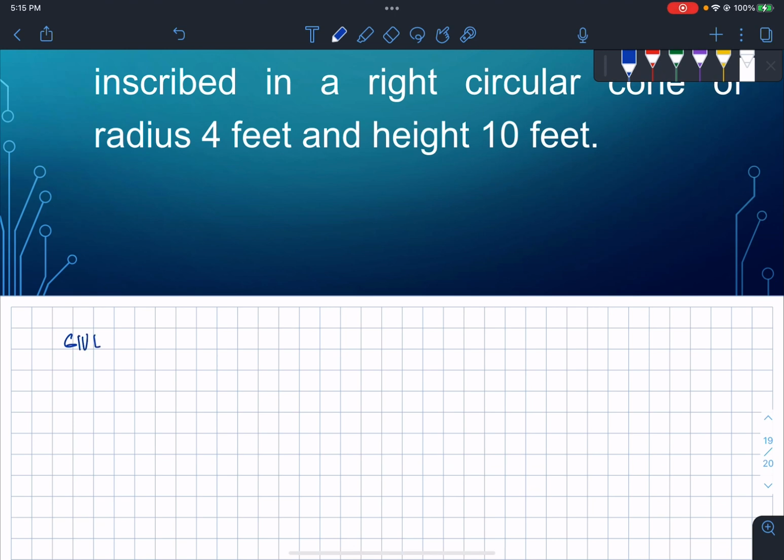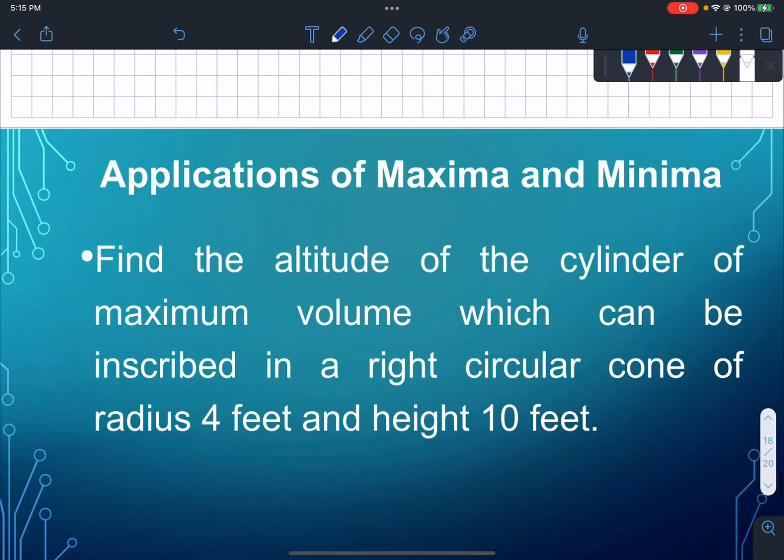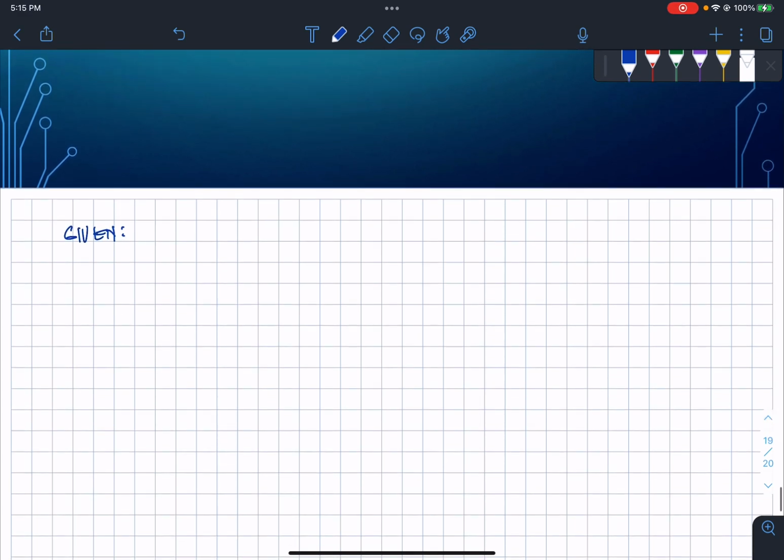So for our given here, we have a cylinder.